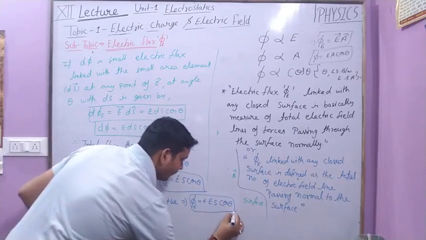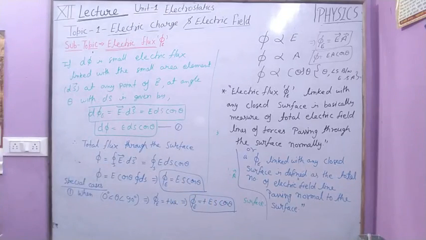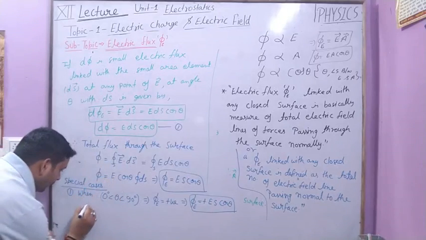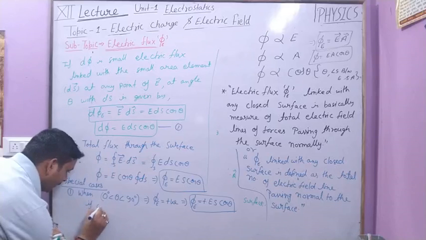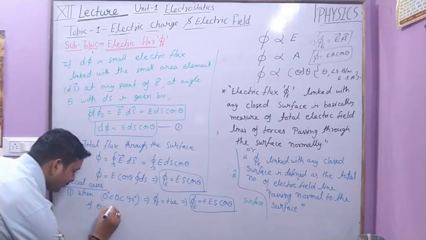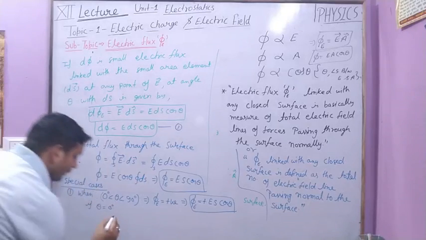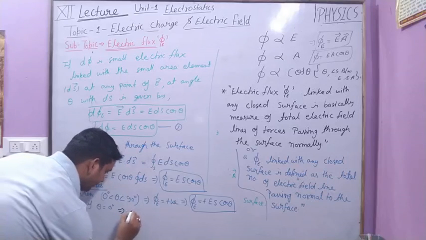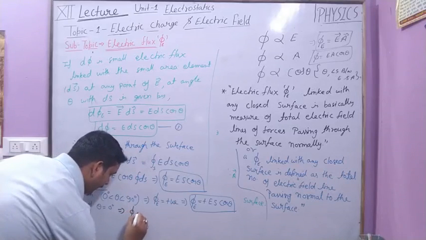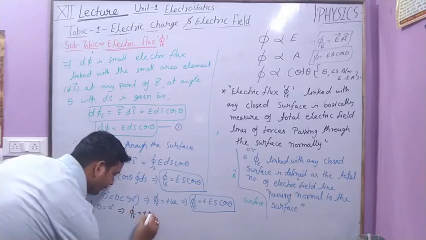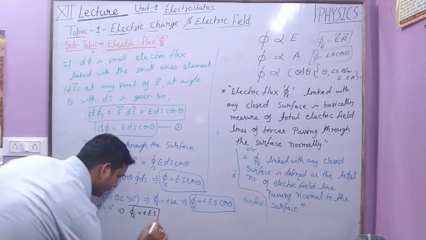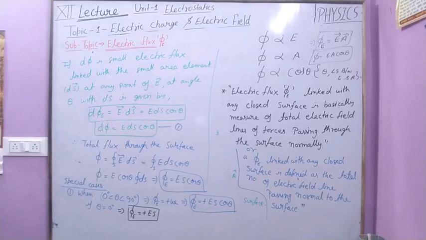This is positive. Okay, now here if theta is equal to 0 degrees, then we get phi E equal to plus ES. Okay, this is the first case.